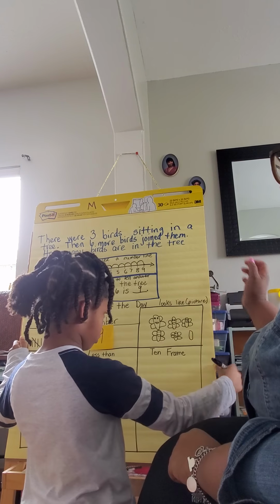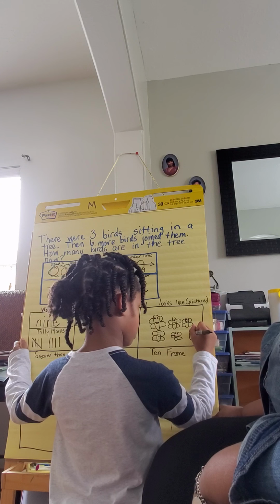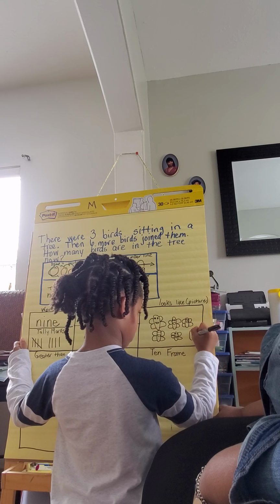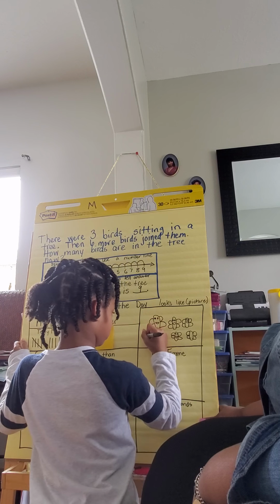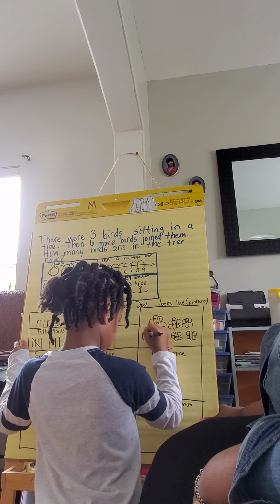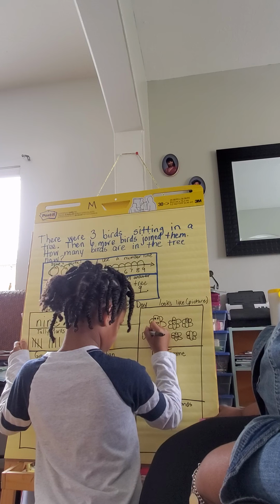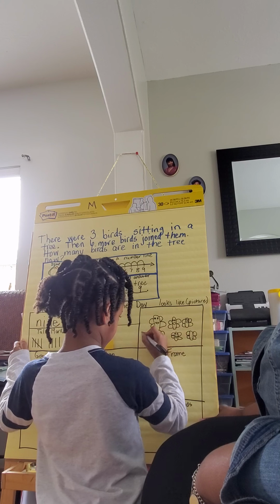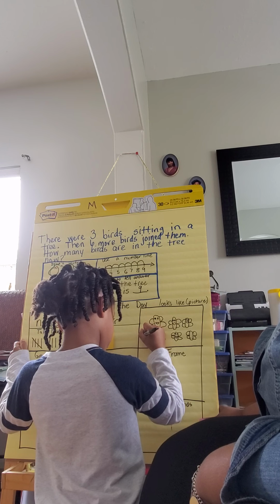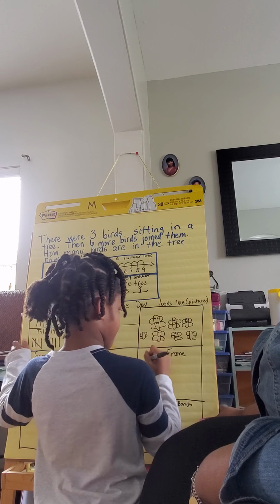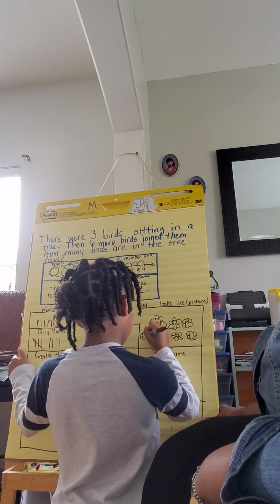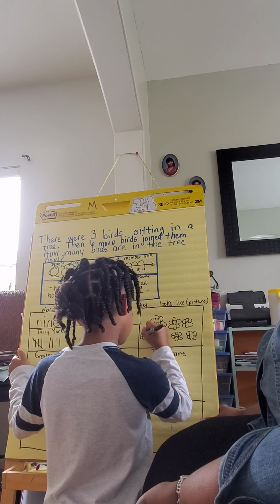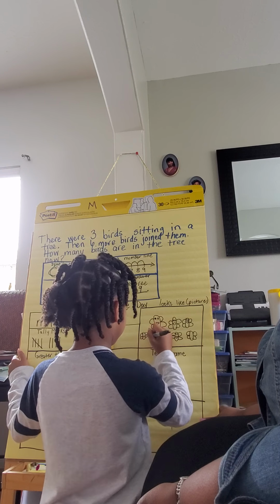You just have to draw them smaller. 6. Oh, that's 7. Oh, that's 6. So if you have 7, how many more do you need to draw? 2 more, right? So 7 and 2 is? 7 and 2 is 9.